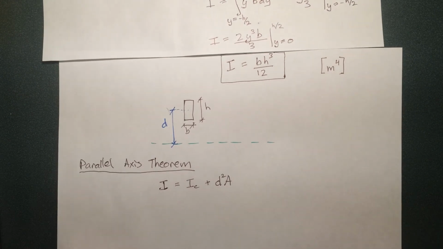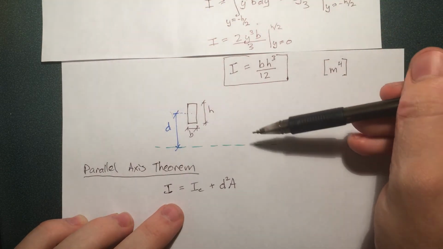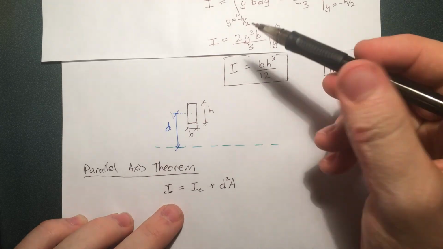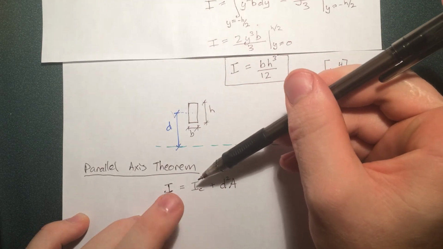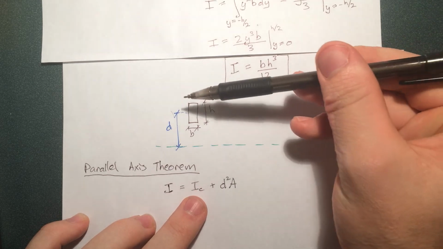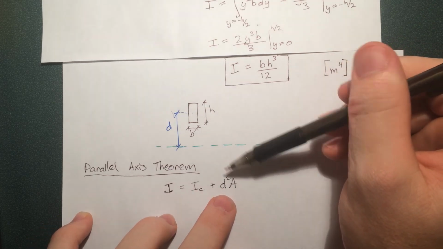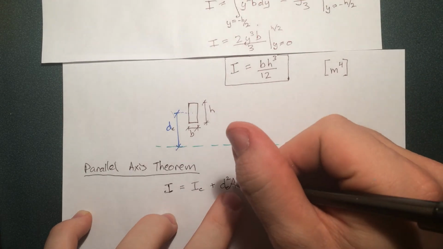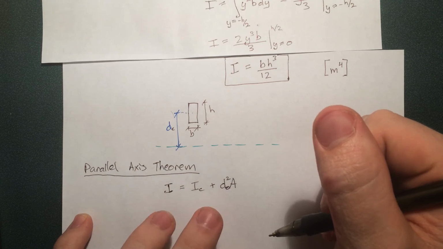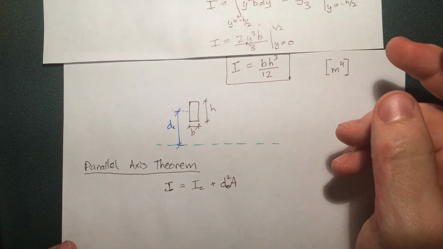Alright, I'll go through what each one of these terms means again. So the moment of inertia about an axis that's not the centroidal axis is the sum of these two components. The first one being the moment of inertia of that thing about the centroid plus the distance away to the centroid, so I can actually call this dc, squared, times the area. Alright, this is the parallel axis theorem, and this will give you the moment of inertia about this axis here.